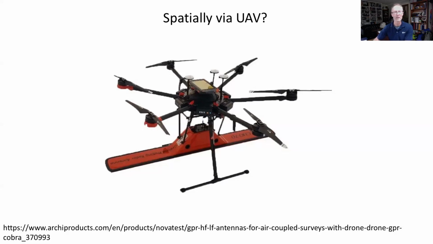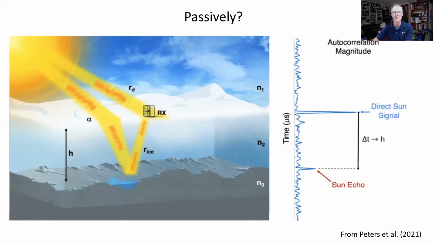Or if you didn't have a UAV handy, you didn't want to examine density variability spatially, you may be aware of a new paper that came out earlier this year by Peters et al. in the group from Stanford University, where essentially they were using an SDR GPR that was operating passively and using the sun as the transmitter.